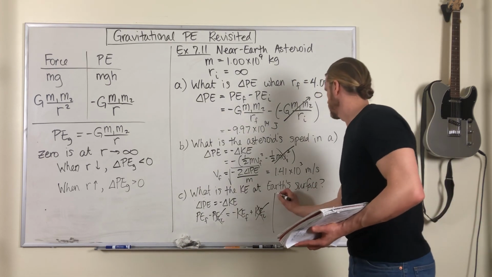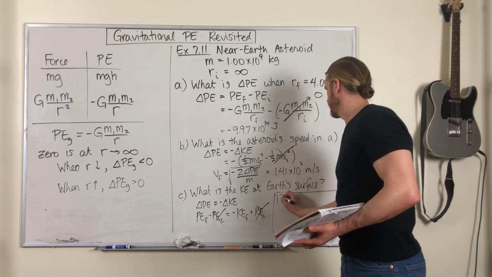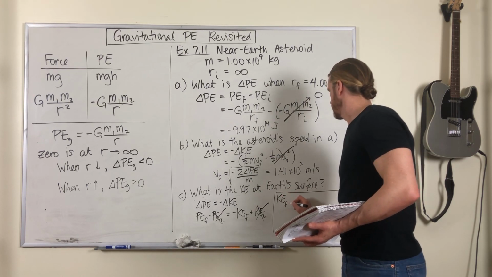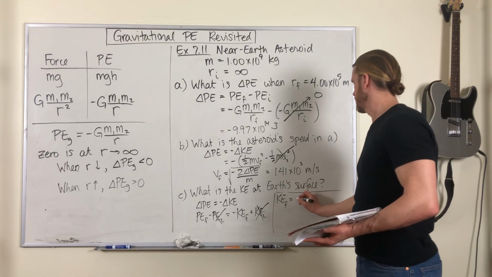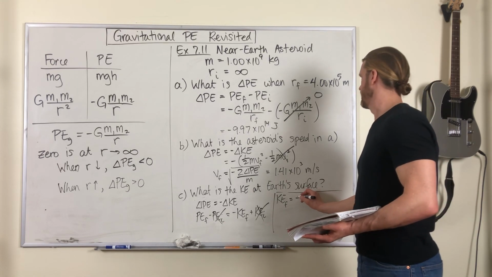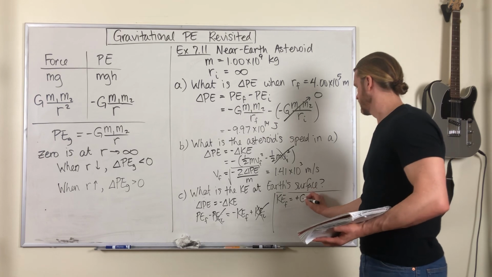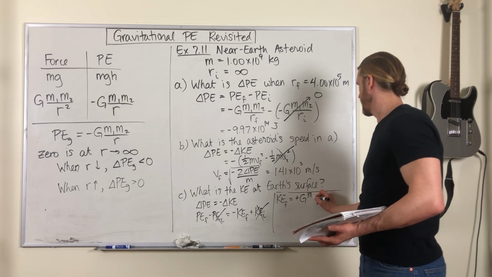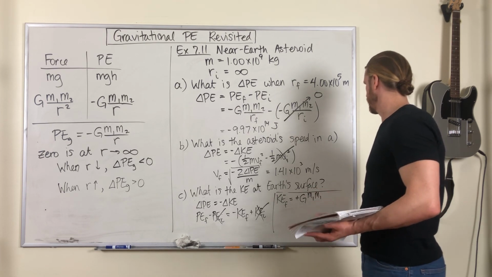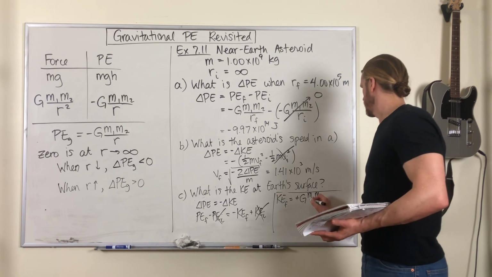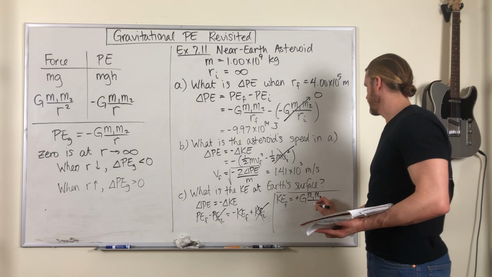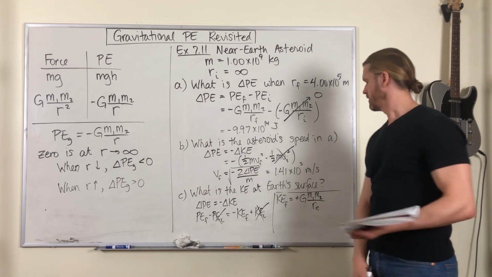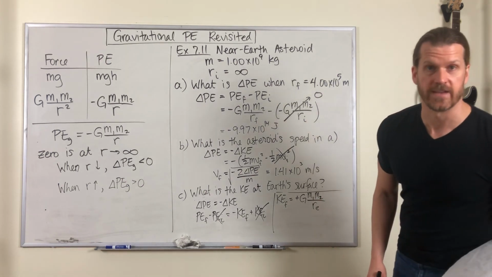And we find that this final kinetic energy is negative G times mass of Earth times mass of asteroid divided by the final radius, or final distance, which is the Earth's radius.